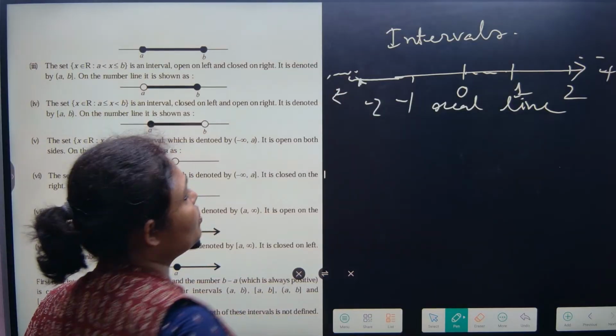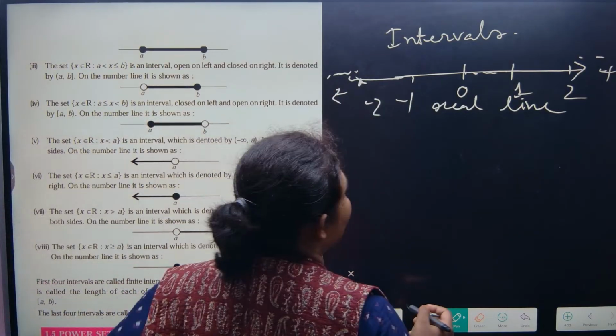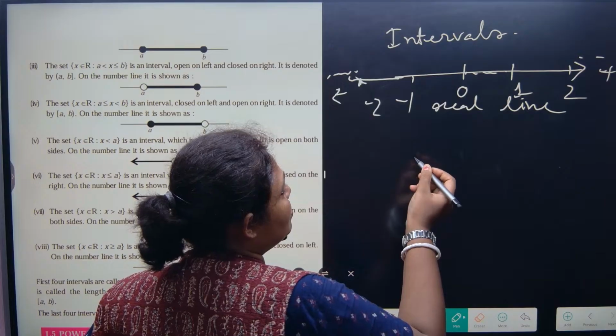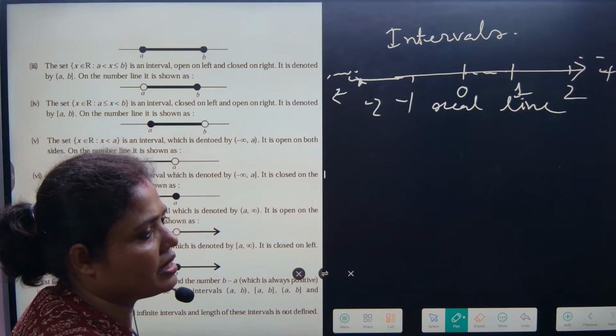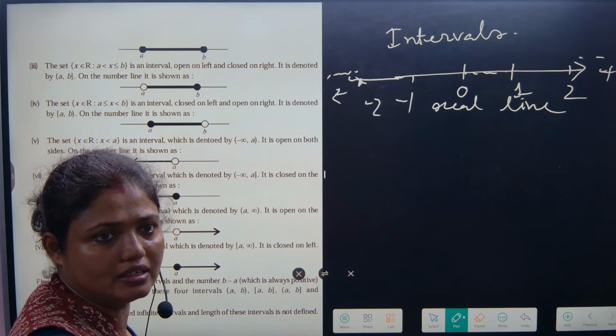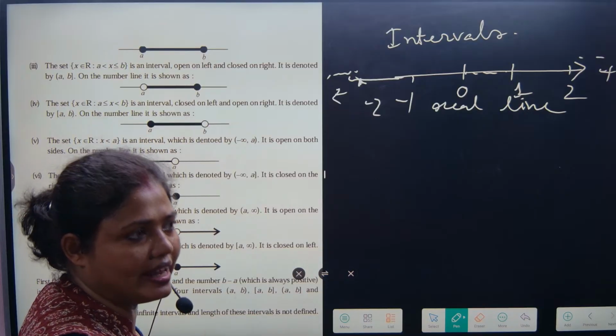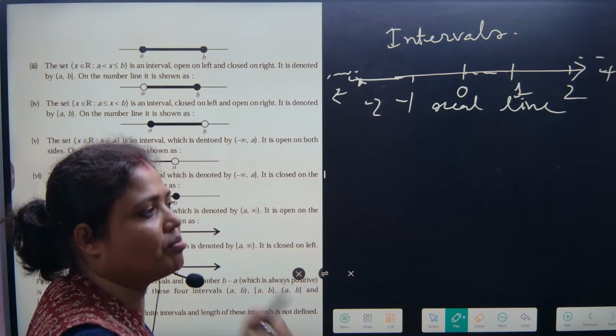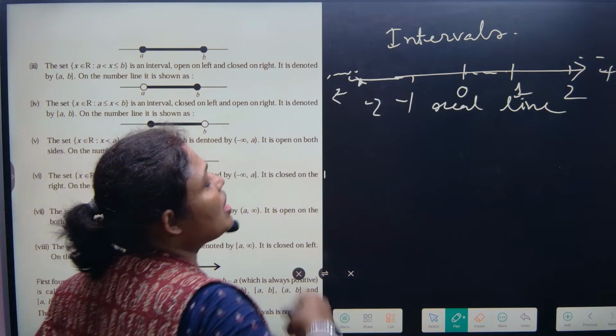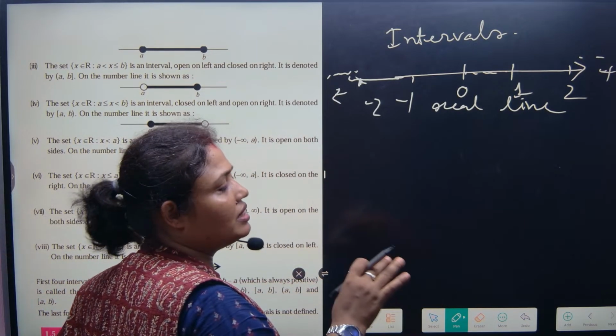Now, if we want to make an interval, we are taking each and every element: rational numbers, irrational numbers, integers, all are included within that interval.